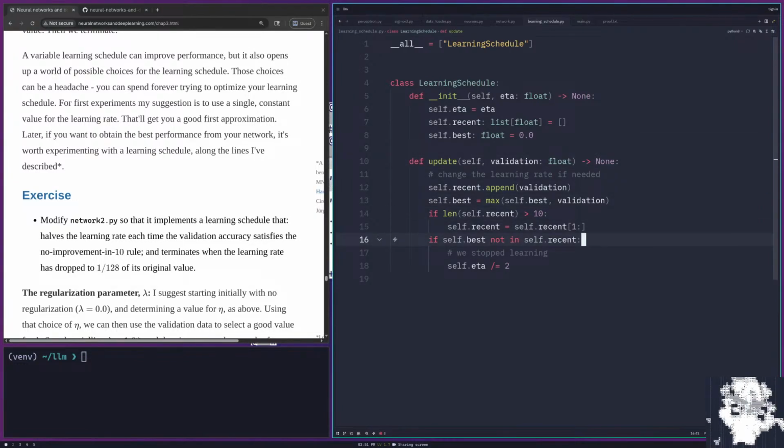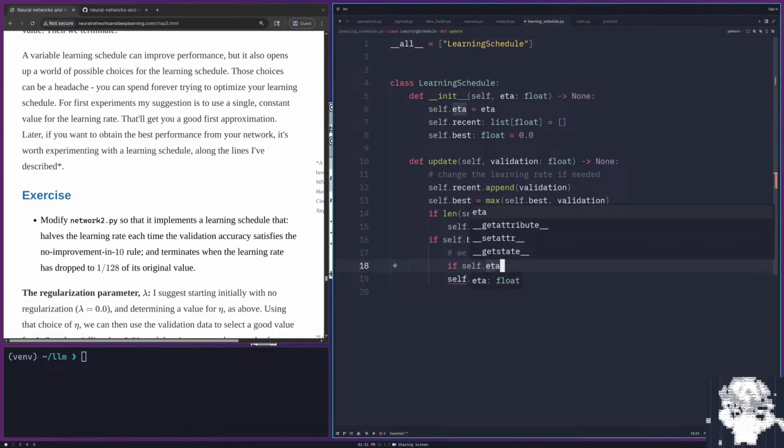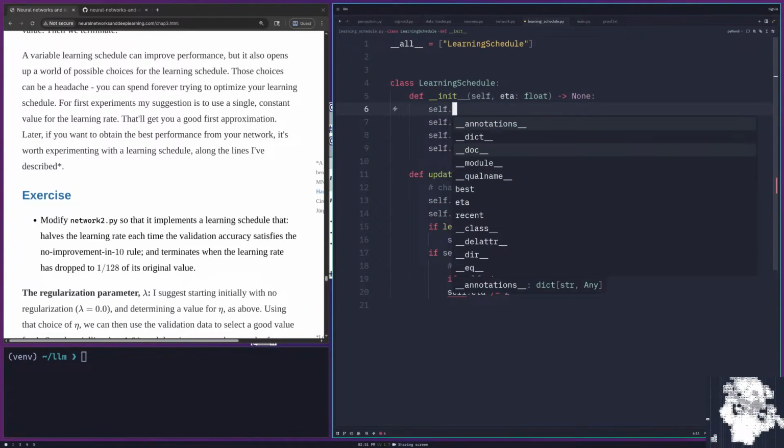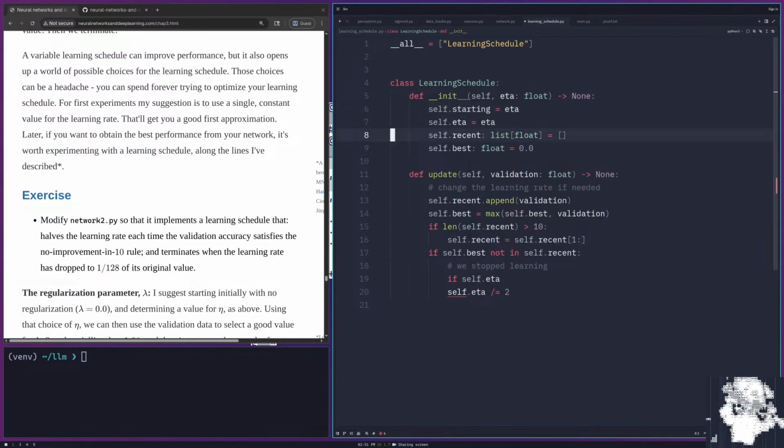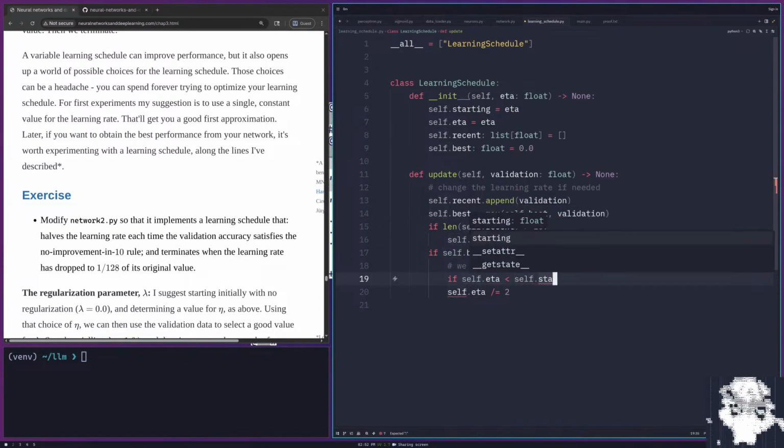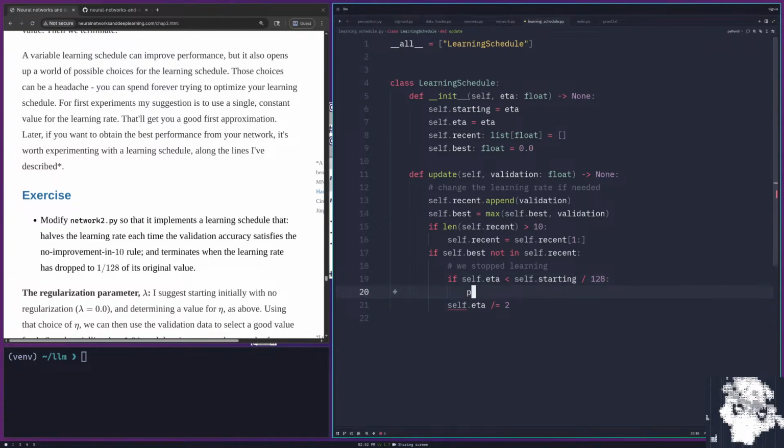Well, what I can do is, if self.ada, we could remember the starting ada, is less than self.starting over 128, then whatever.